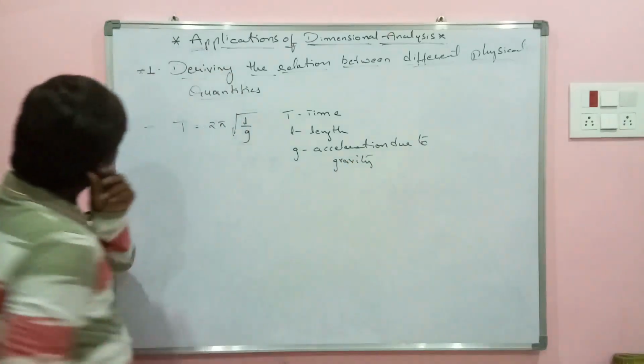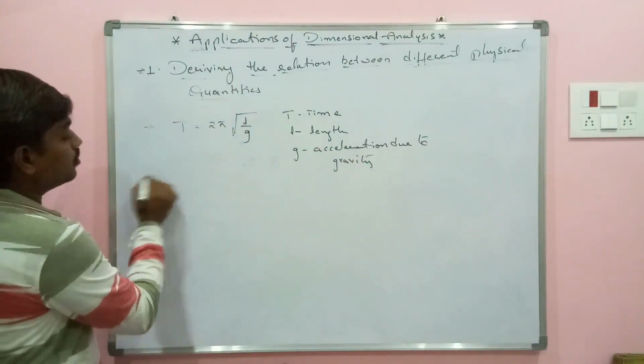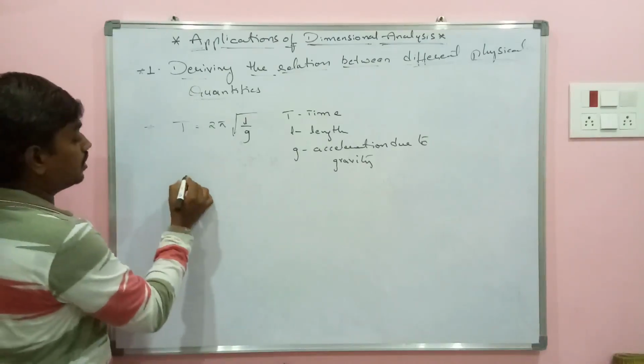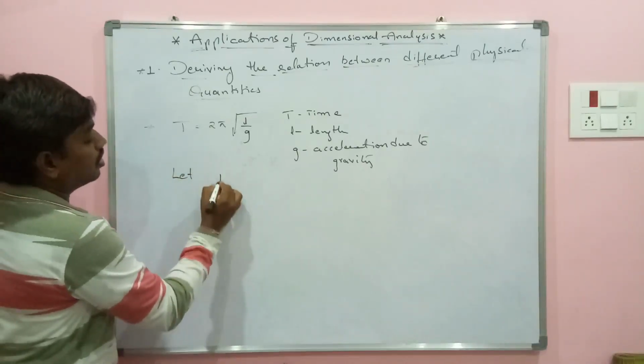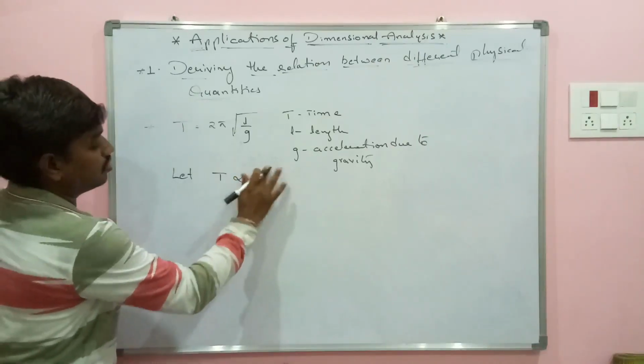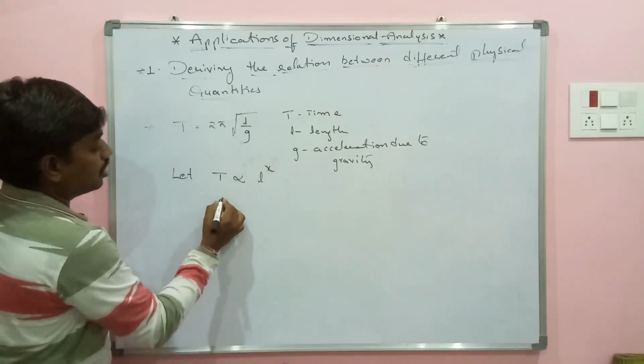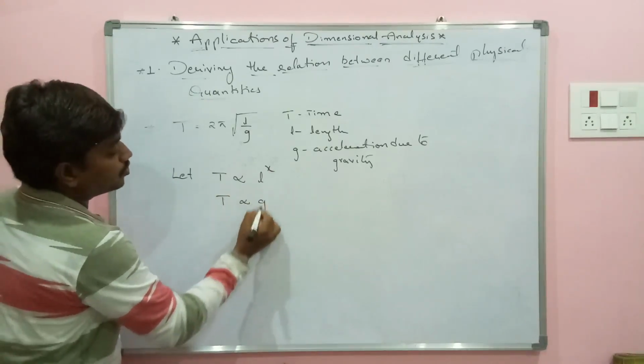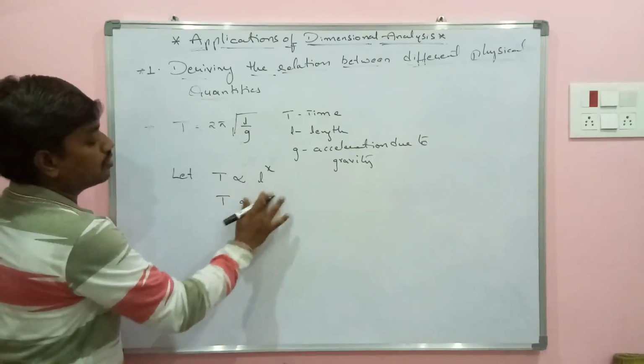So to derive this formula, I will be using the same principle again. Let T be proportional to L to the power of x, and T be proportional to g to the power of y.